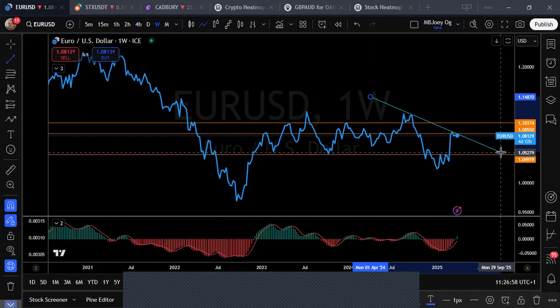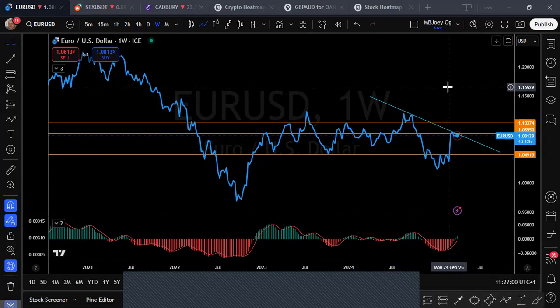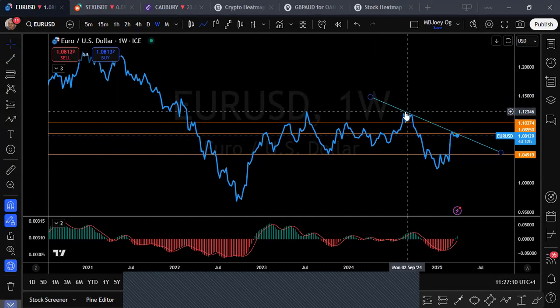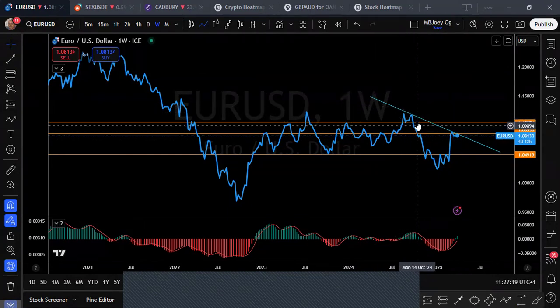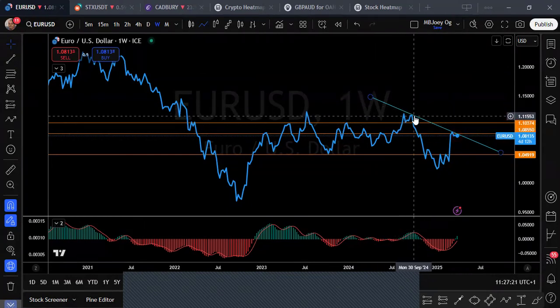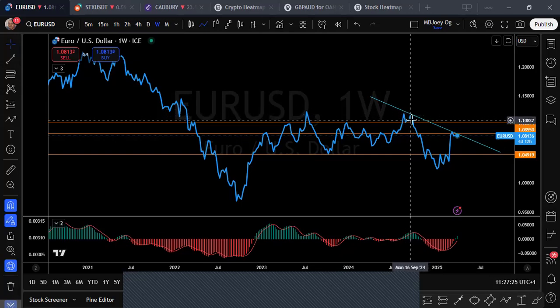Because it is yet to go back and retest, surpass that place of retest. Great. It is yet to actually break the most recent high, which is this.